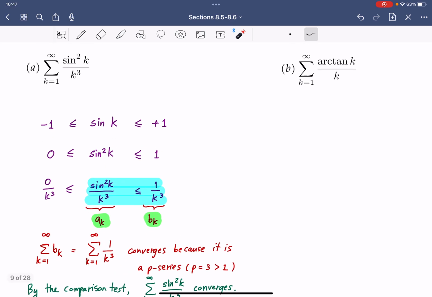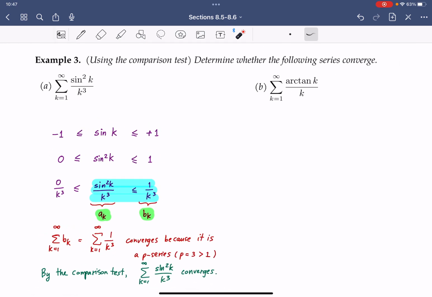Alright, so let's do part B here. What if I have the summation of arctan K over K? So how do you find the inequality for arctan K? Arctan K is between what and what?